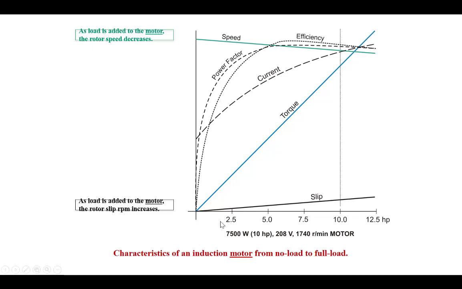So as the load is added, the slip goes up, which means the rotor is slowing down. The rotor is slipping further behind the rotating magnetic field produced by the stator, which always turns at synchronous speed.